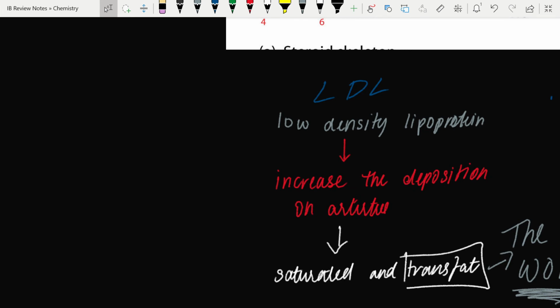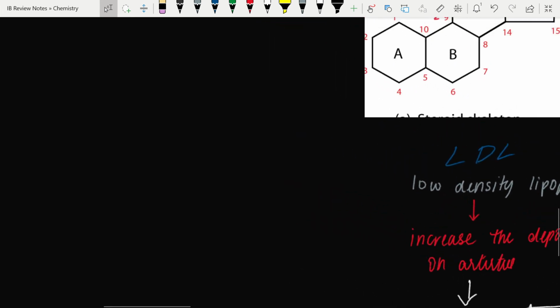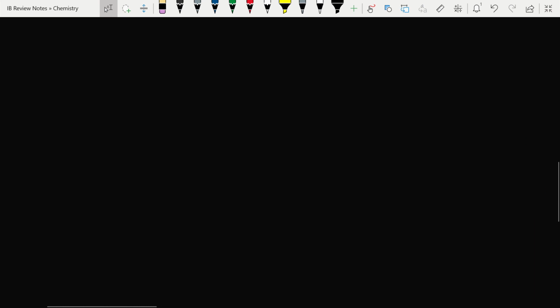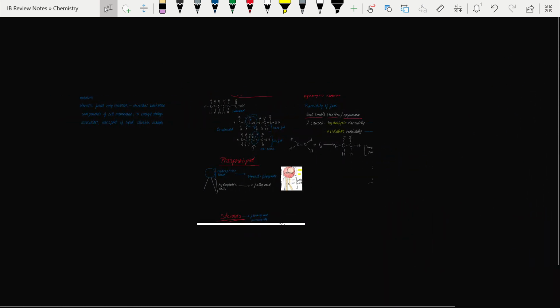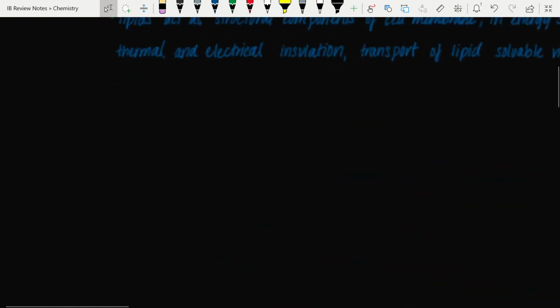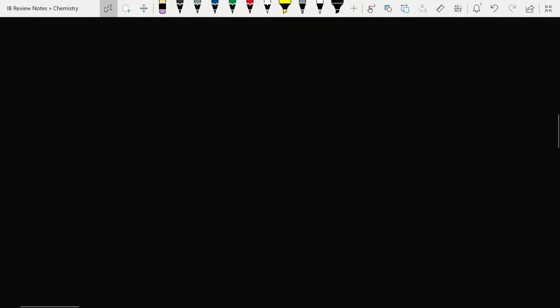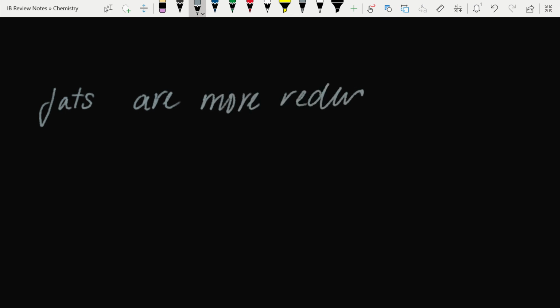And then one last thing that you need to know for lipids is that fats are more reduced than carbs.